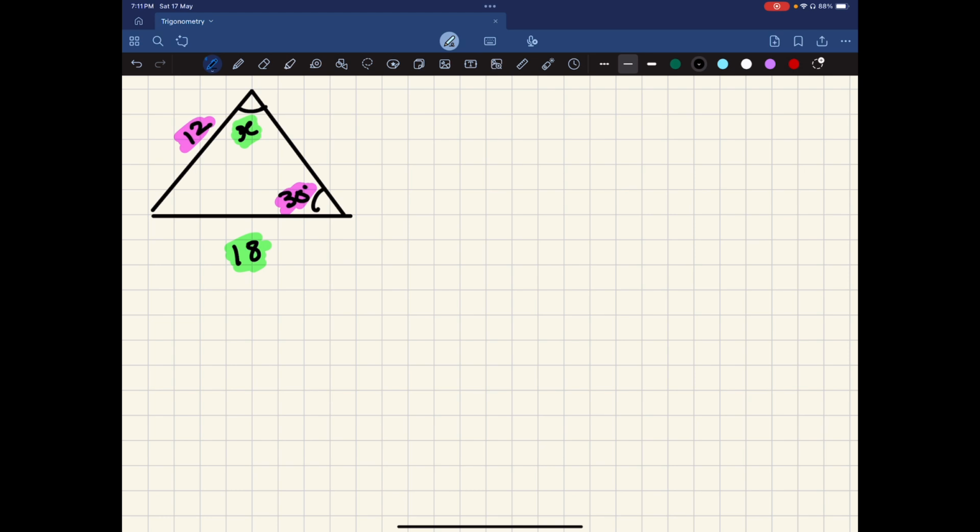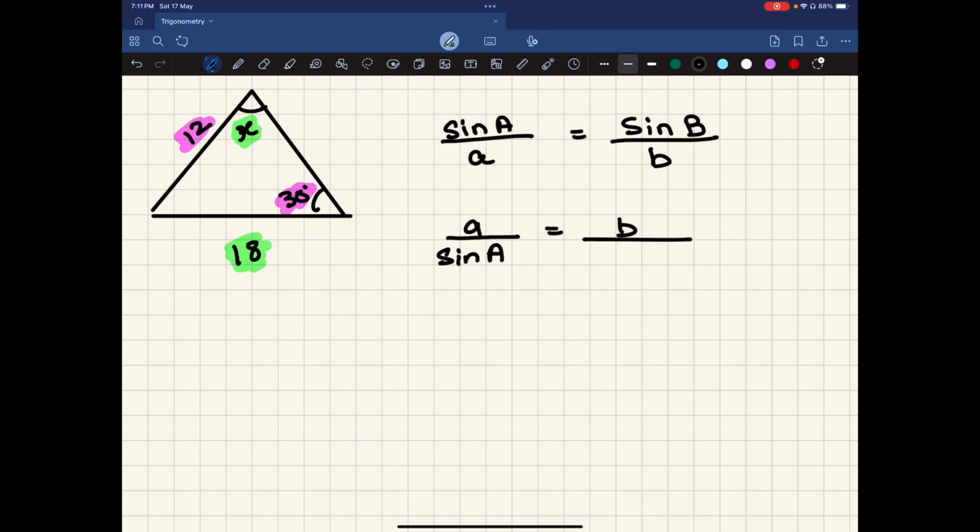And since we're trying to find the angle, we can use the other form of the sine rule. You can also use this form. It is going to yield the same answer. So it is up to you. Both of them are going to give the correct answer.